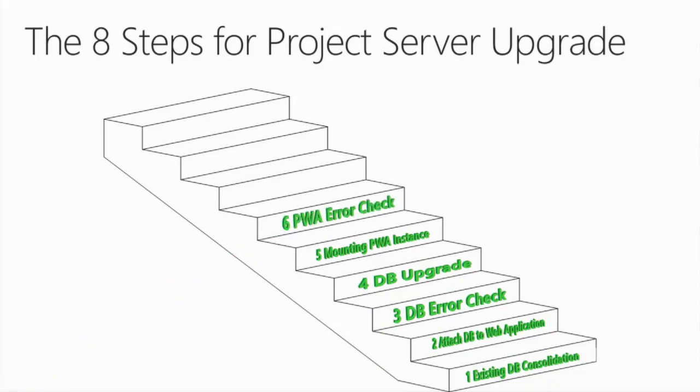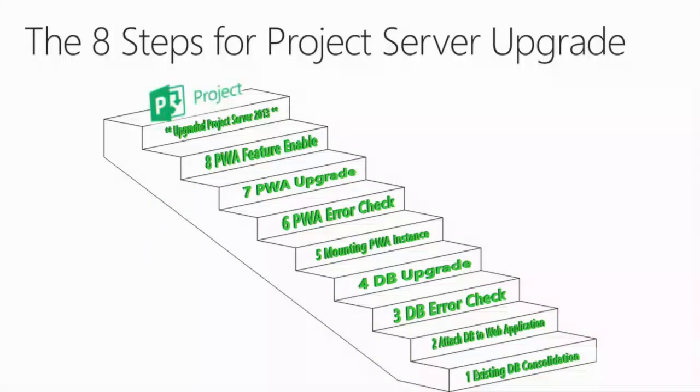You do an error check on the PWA instance. Then you upgrade it. And the very last piece is the feature enable for the PWA instance. Once you have that all done, you're in good shape. You have your upgraded Project Server 2013 site. So I'm going to go through all of these individually. These are the ones we're going to go into a little bit more detail on.